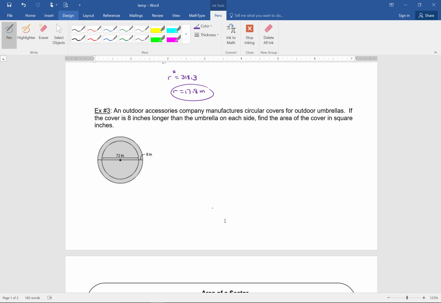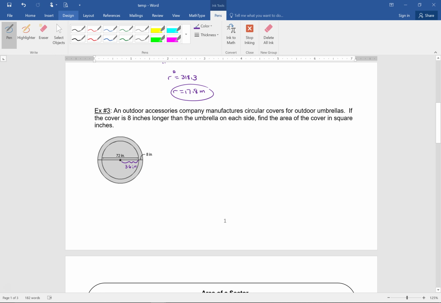An outdoor accessories company manufactures circular covers for outdoor umbrellas. If the cover is 8 inches longer than the umbrella on each side, find the area of the cover in square inches. Okay? So we want to find the area of the cover. The inside circle is the umbrella, and the outside circle is the cover. So we need to find the radius. Now the radius of the inside is how big? 36 inches.